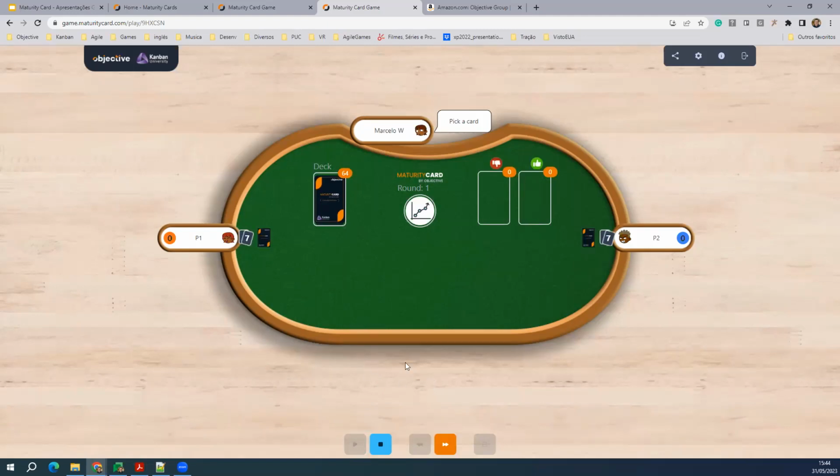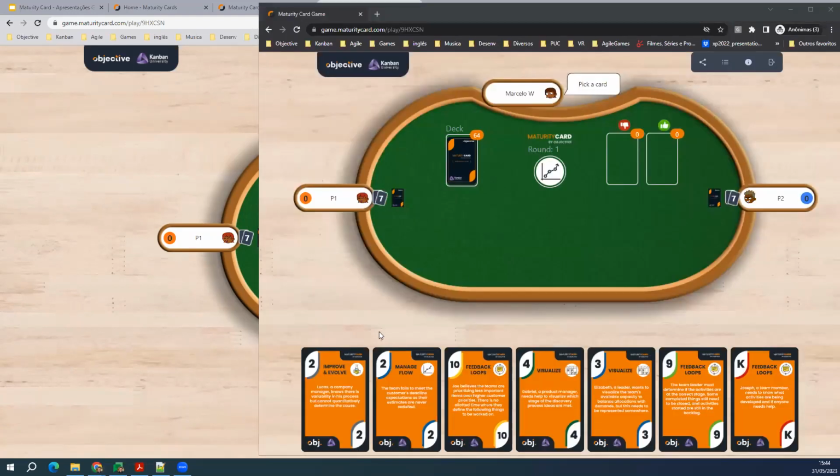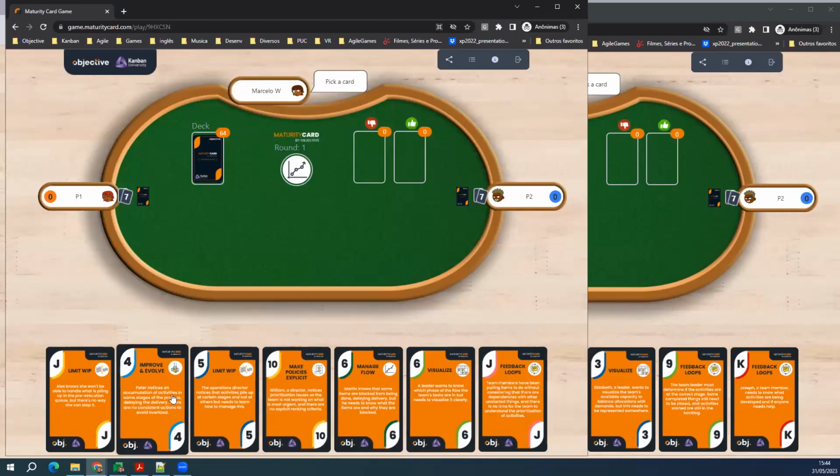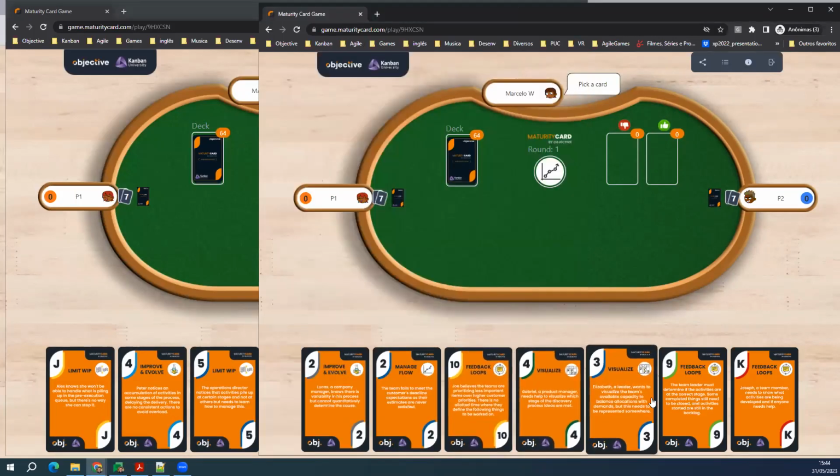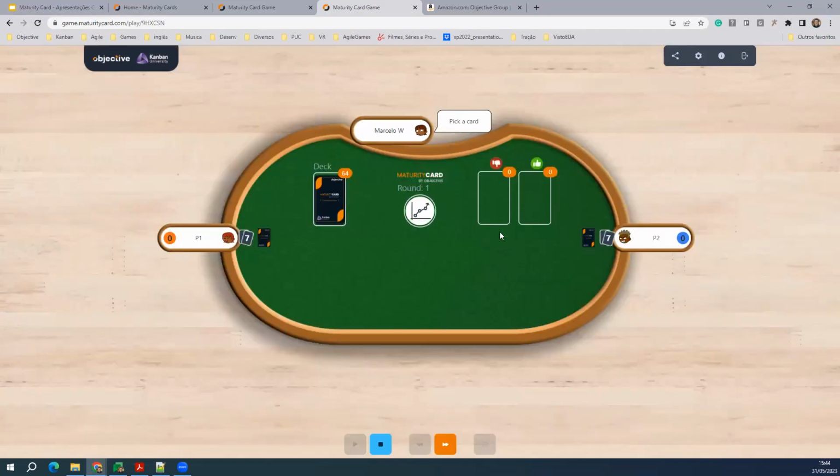The facilitator cannot see the cards, but if you see the player 1 and player 2, each one has the cards in their hands, right? So here is the cards from player 1, here is the cards from player 2. And the first round is about the domain manage flow.